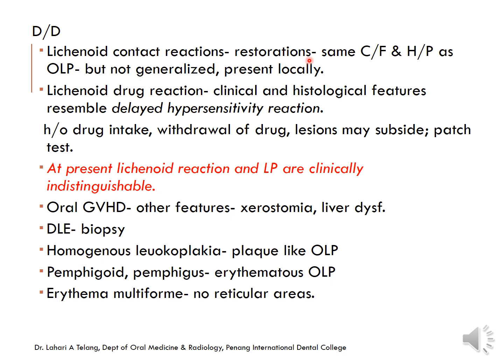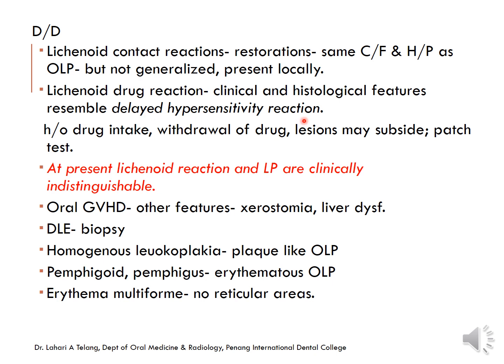Lichenoid reactions have the same clinical features and histopathology as lichen planus, but generally they are not generalized. They may be located to only one particular area and not bilateral or involving multiple areas the way lichen planus does.